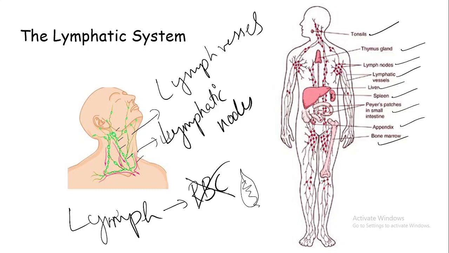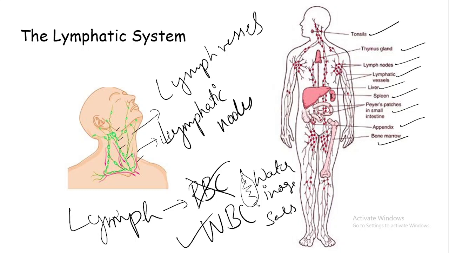RBCs are absent in lymph, but there is an abundant amount of WBCs present, even 3 to 4 times more than what the blood contains. Along with that there is water and other inorganic salts. These contents make up the lymph.